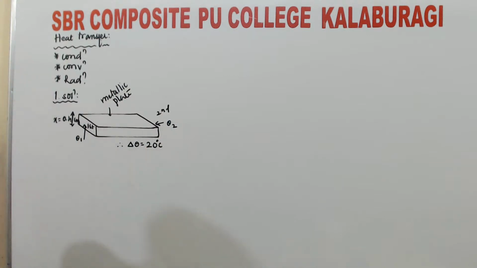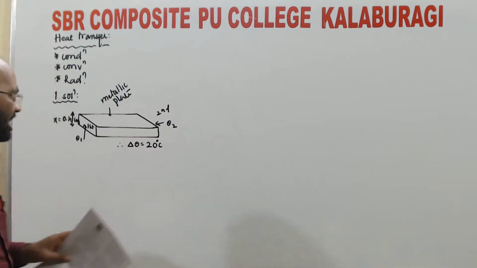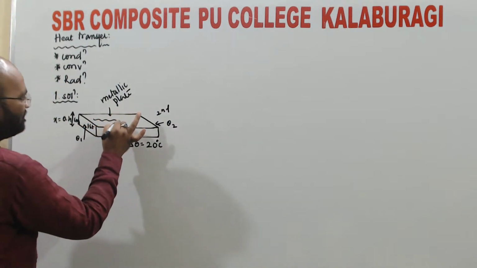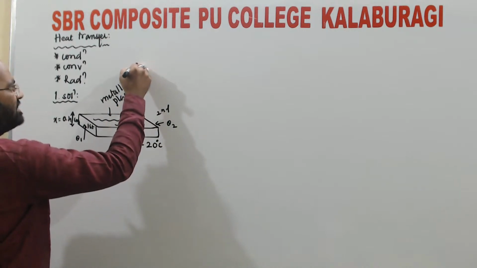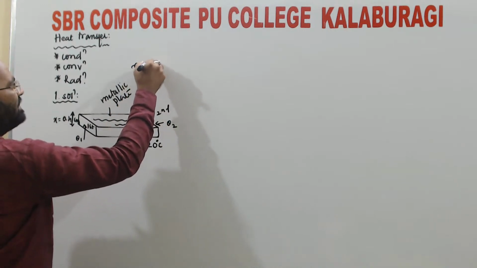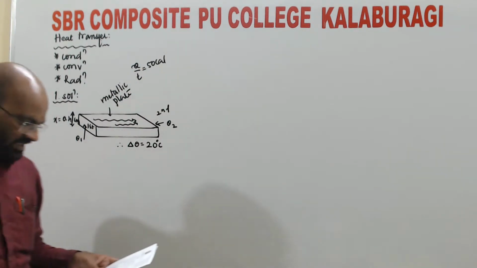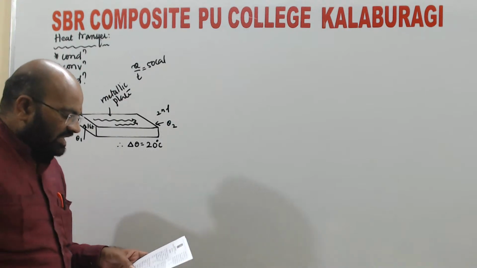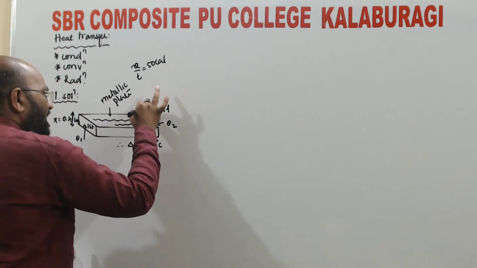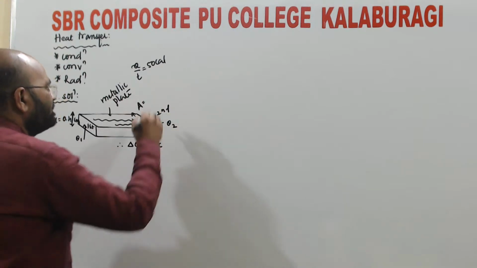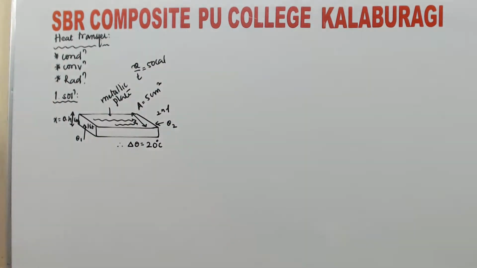The heat energy flowing per second is given as 50 calories. Then the cross-section area of the given metallic plate, A, is 5 centimeter square. This is the given condition.